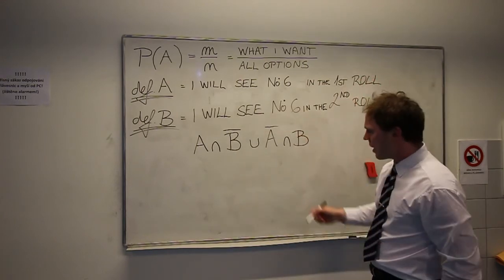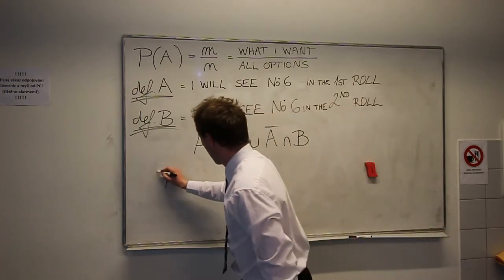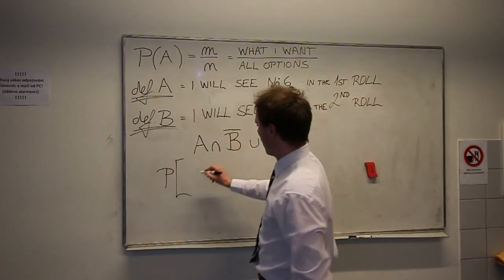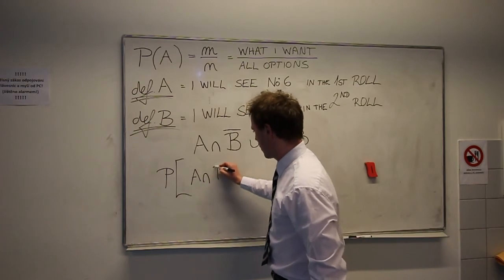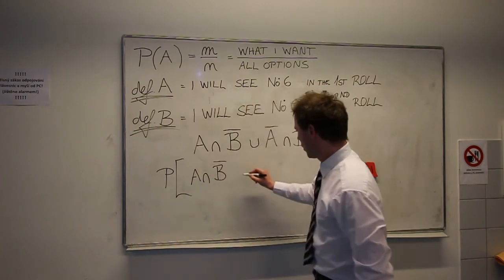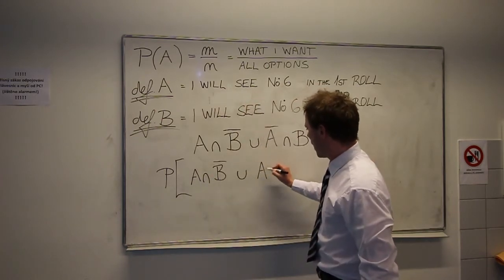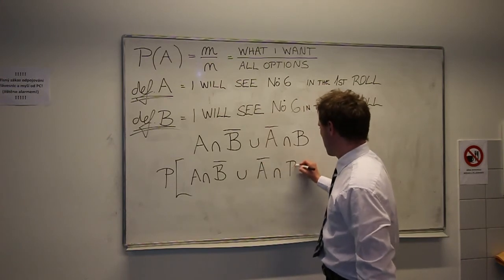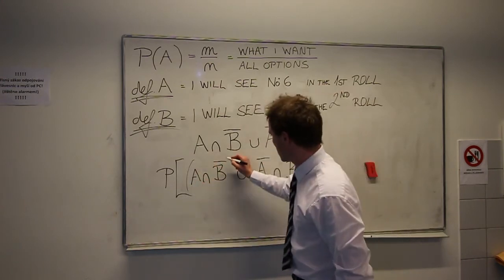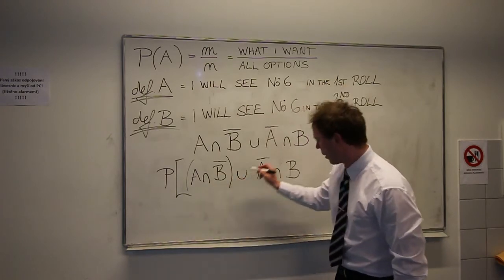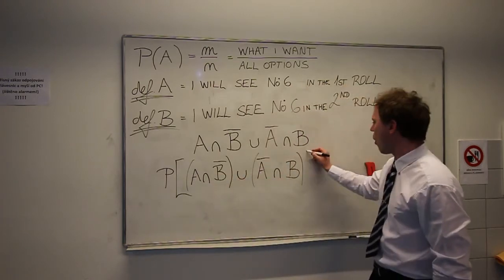You can see we have here probability where is A and B none, or A none and B. This is either and this is or.